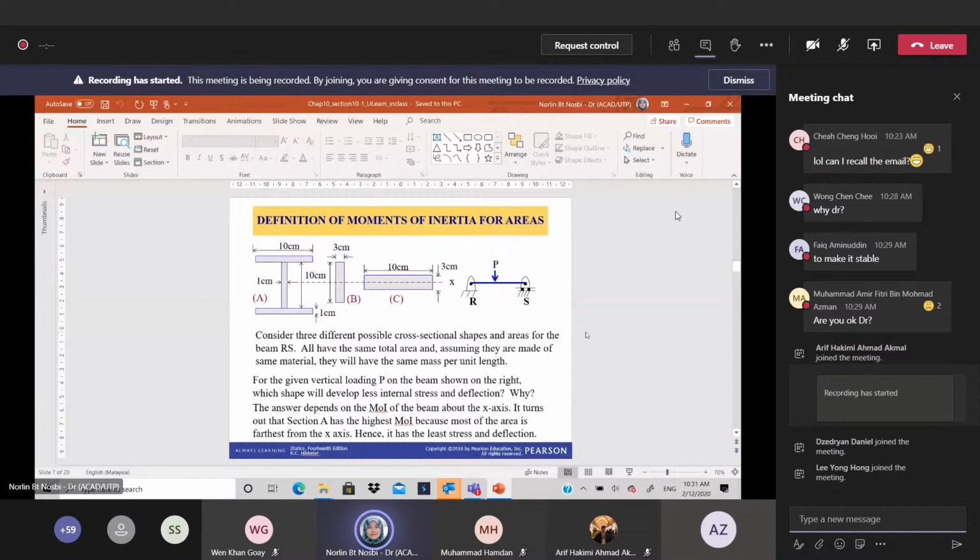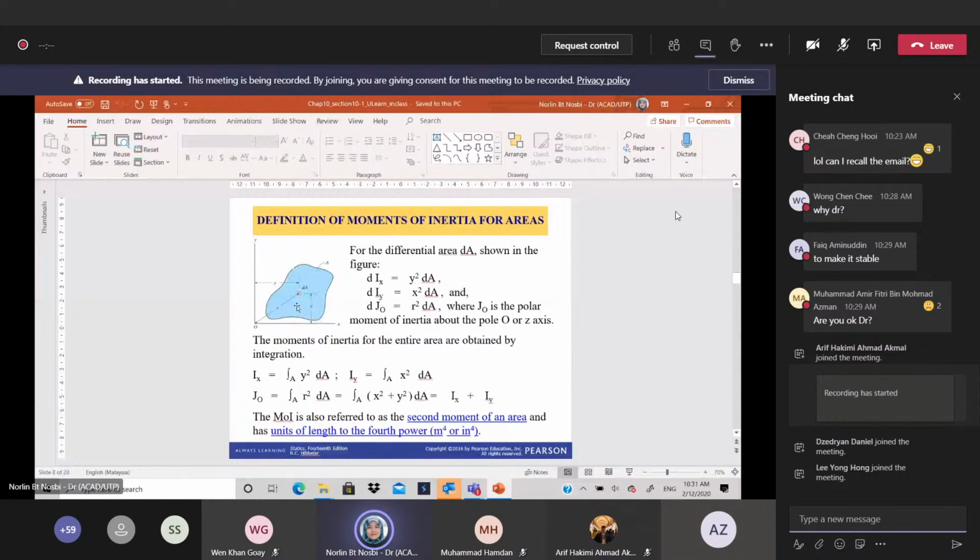The moment of inertia about x equals the distance y squared dA, and about the y axis it equals x squared times dA. For the z-axis, it equals r squared dA. This is how the moment of inertia relates to this area.